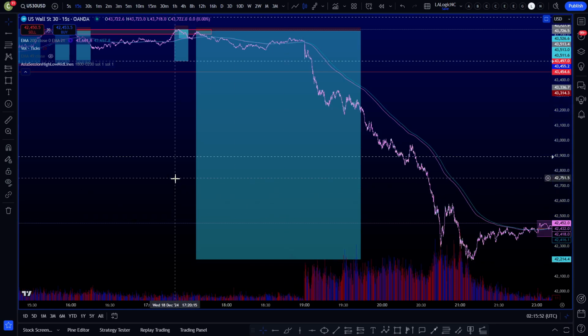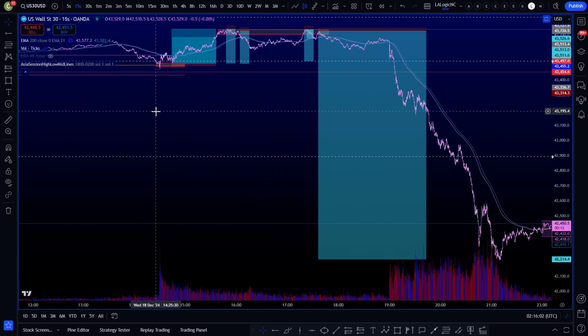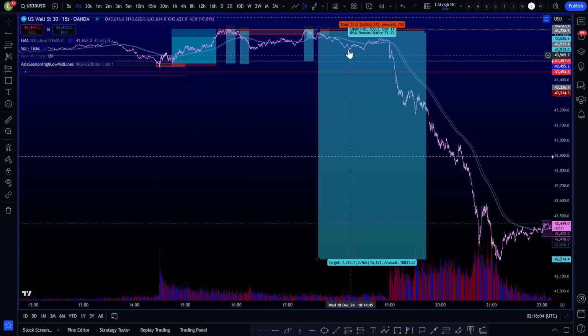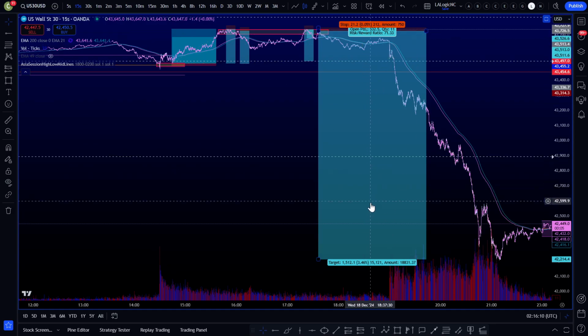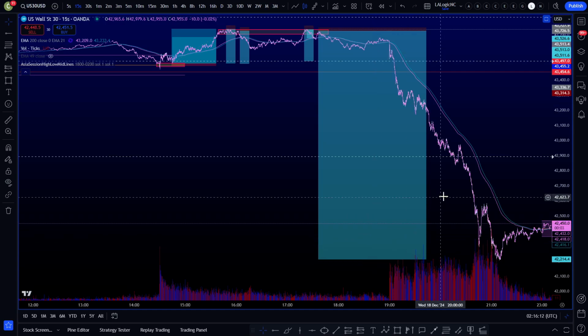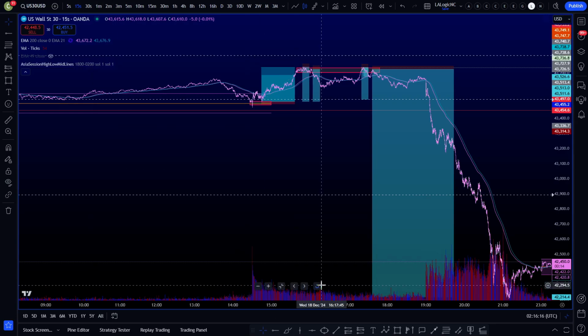It's 70 to 1 risk to reward. I'm willing to lose 1 to win 71. I mean, this is just insane, bro. Willing to lose 21 points to win 1,500 points. Let's not lose track.